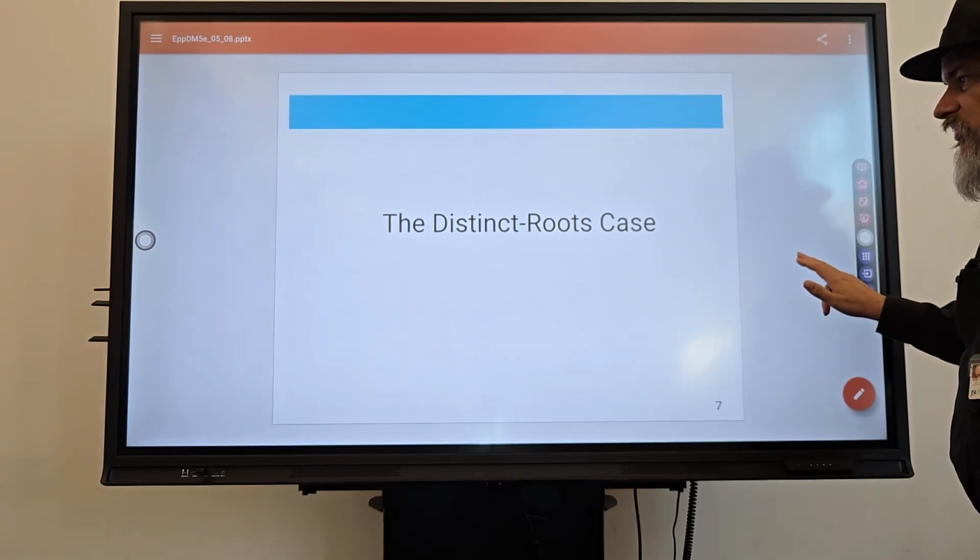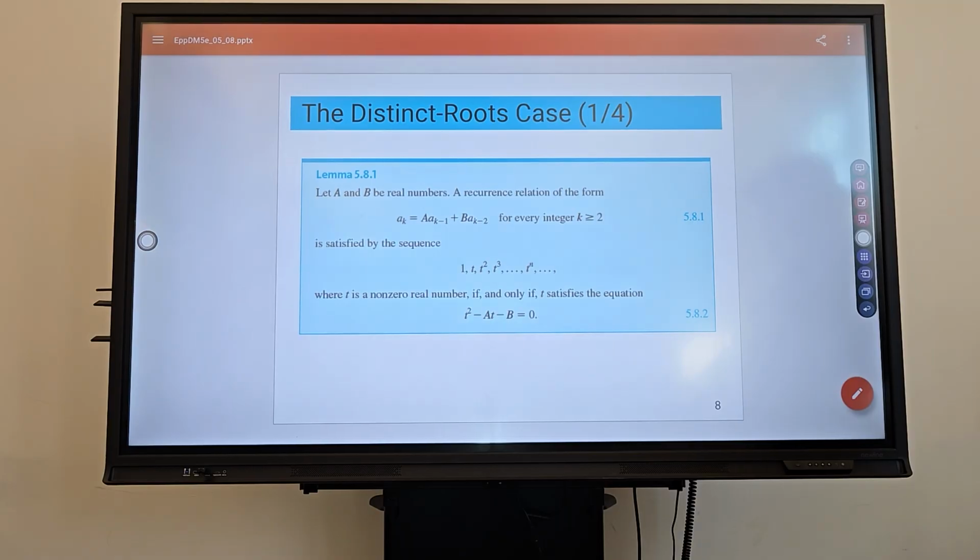Distinct roots case. Lemma 5.8.1. Let a and b be real numbers.